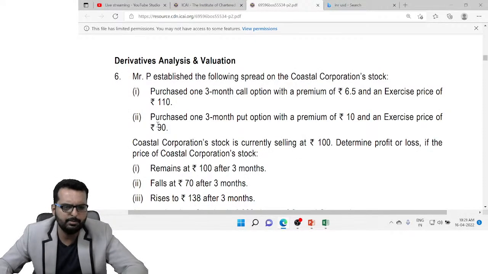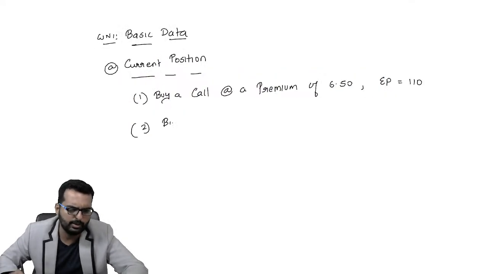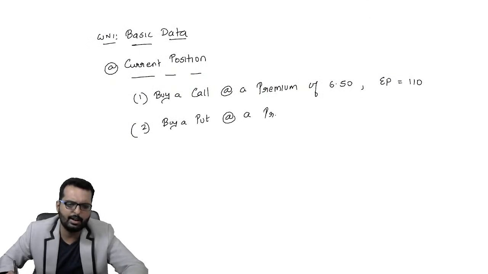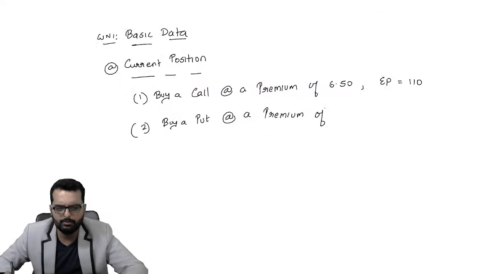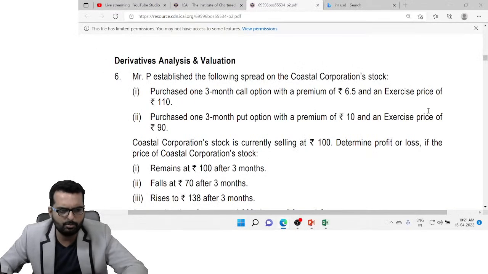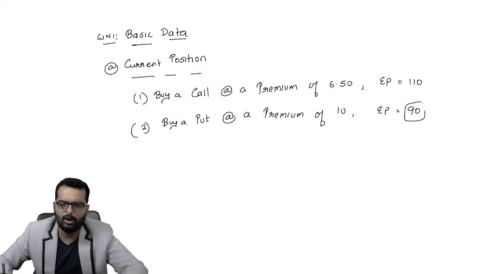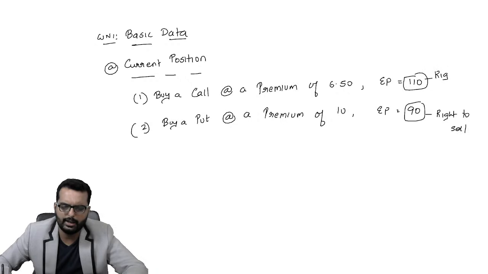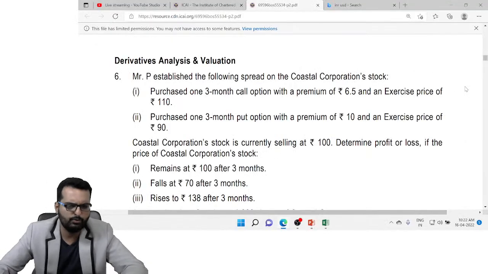And he has bought a 3 months put also. One more thing, what he has done is buy a put. Put is a right to sell at a premium of 10 rupees. Exercise price is how much? 90. So he's got a right to sell at 90 and he's got a right to buy at what price? 110. Everybody clear so far?